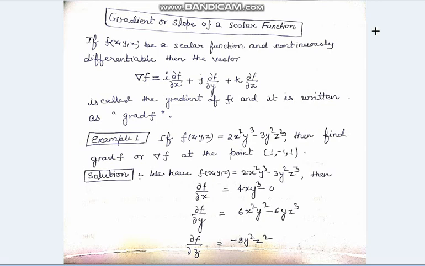So our first topic is gradient or slope of a scalar function. If f(x,y,z) is a scalar function and it is continuously differentiable, then the vector i ∂f/∂x + j ∂f/∂y + k ∂f/∂z is denoted by ∇f, and this is called the gradient of function f.